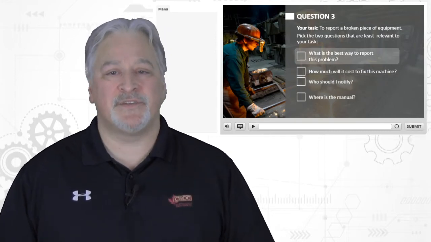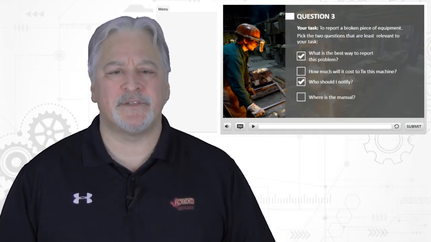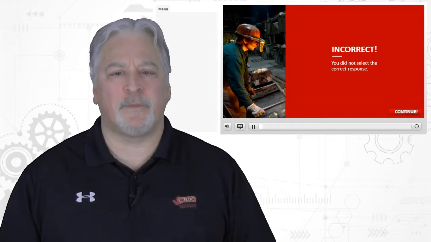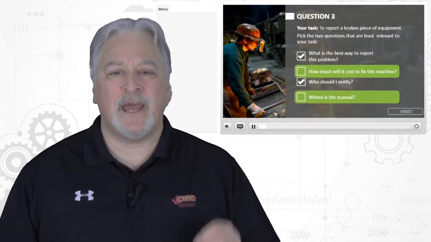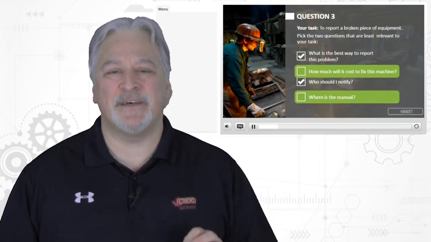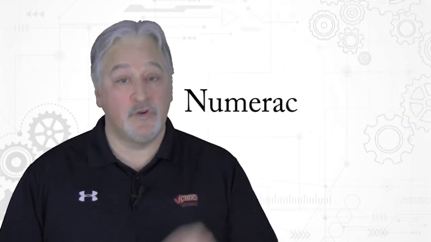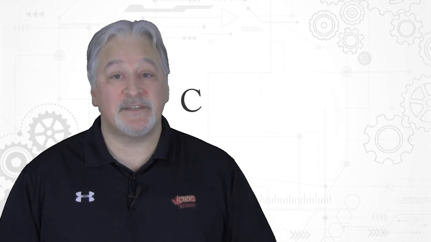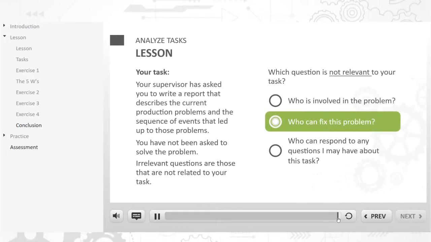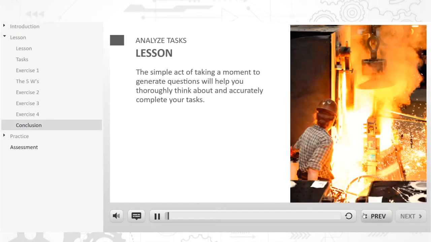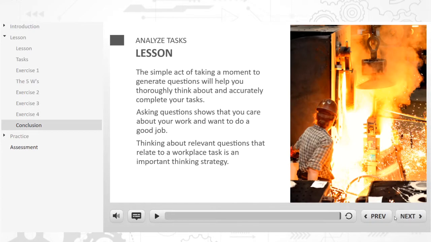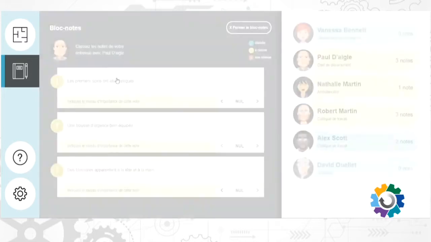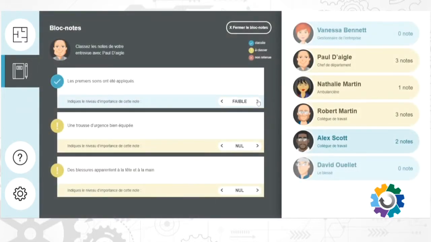Course content uses realistic workplace examples and authentic workplace materials to develop and build skills in key areas such as reading, document use, numeracy, digital skills, and critical thinking. Course content is organized to facilitate learning. While some of the course content is mandatory, most of the content is flexible, so you'll be able to choose the content you'd like to complete.